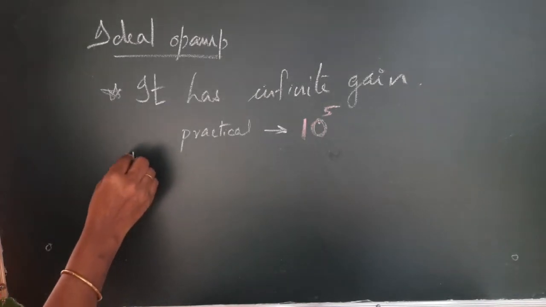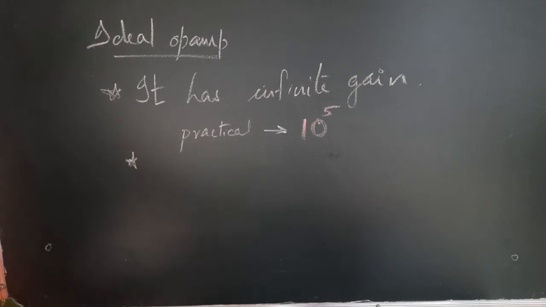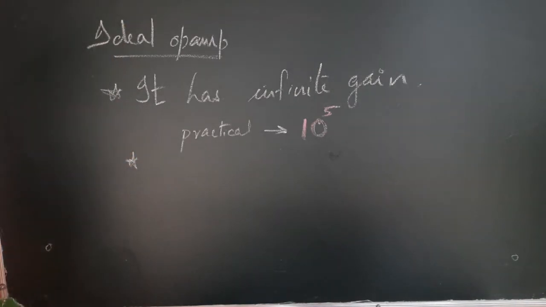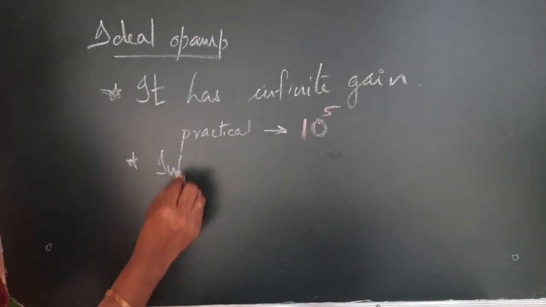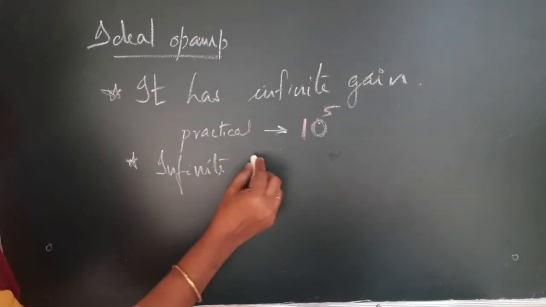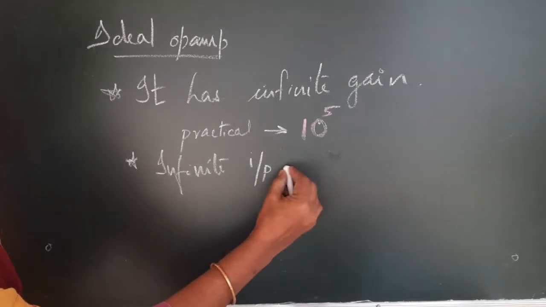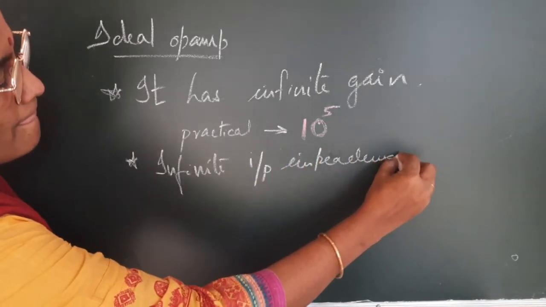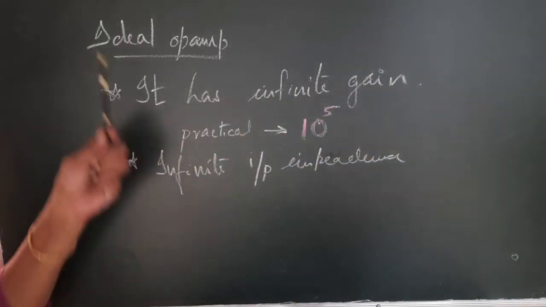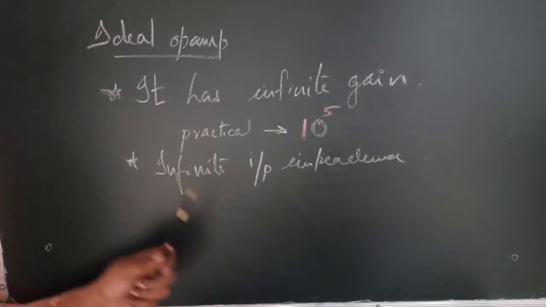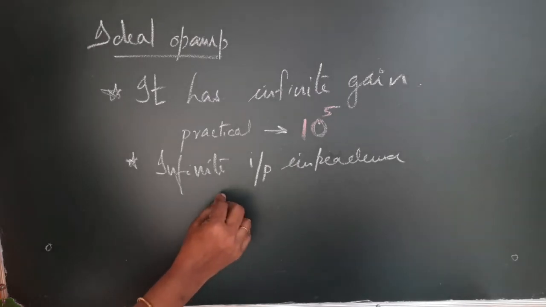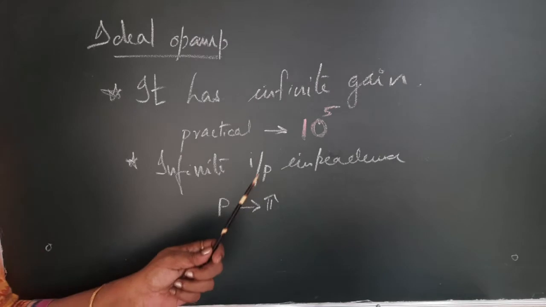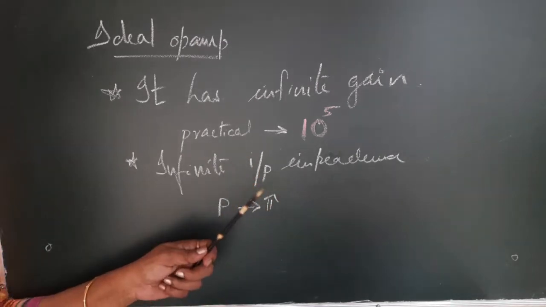Then the next property that you would assign for an ideal op-amp is infinite input impedance. This is also ideal, so practically speaking, you will have a very high input impedance of the order of kilo ohms or hundreds of kilo ohms.